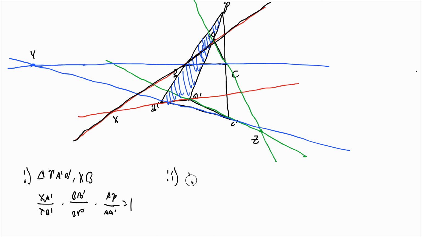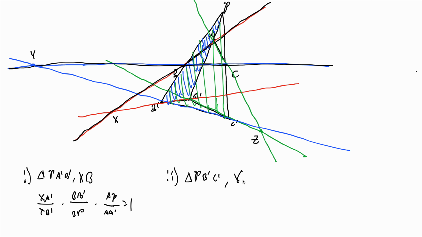The next triangle that we're going to consider is triangle P B prime C prime, as you might have guessed. So we're looking at this whole thing. For this one, we need to look at B prime C prime, and we're going to look at a different line. Maybe let's look at this one.